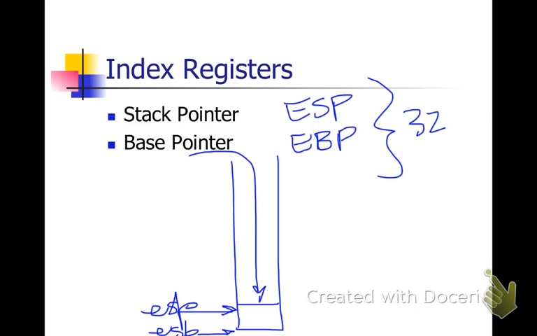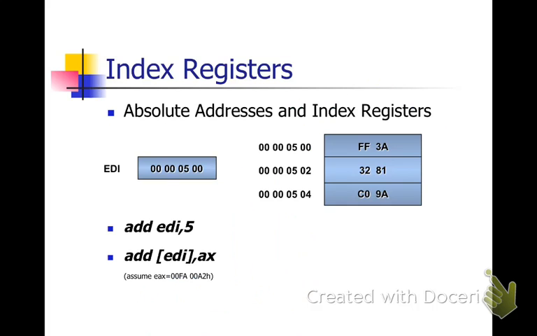The base pointer is used as a fixed reference point on this stack, so that as my stack pointer is moving up and down, I have a fixed reference. I use it when I'm passing parameters, for example. So a little bit about index registers. Let me just give you a quick example. I want to add 5 to EDI.